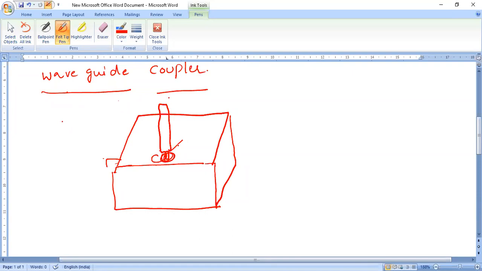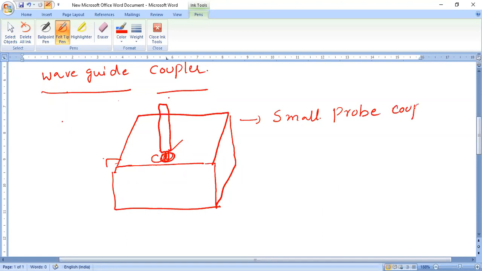Sometimes using these couplers, we can extract the signal from the waveguide also. Waveguide couplers generally are used to feed the signal inside the waveguide. There are various types of waveguide couplers. The most commonly used is the small probe coupler.